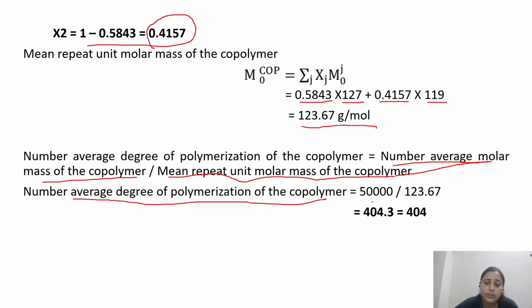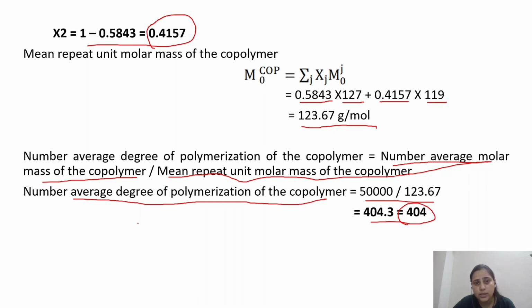As we have already seen, degree of polymerization means how many repeat units or monomeric units are there in a polymer. So here if we divide, we get 404. So 404 repeating units of A and B, having 60% A and 40% B, are there in the polymer.